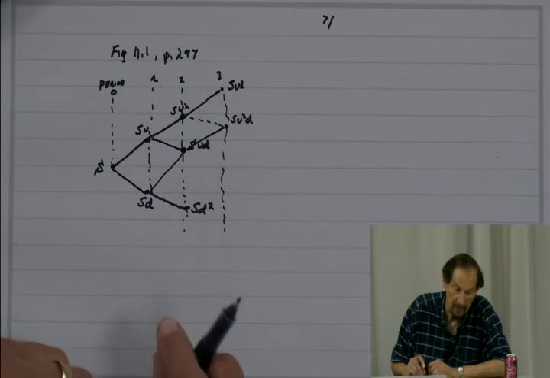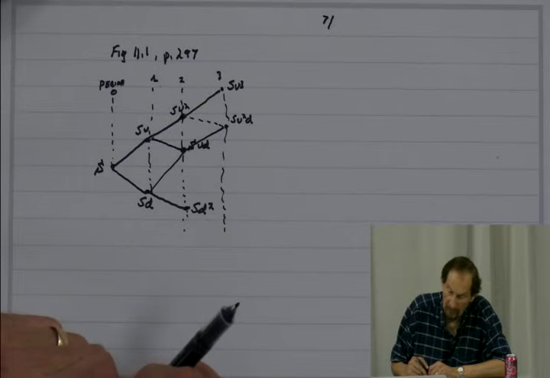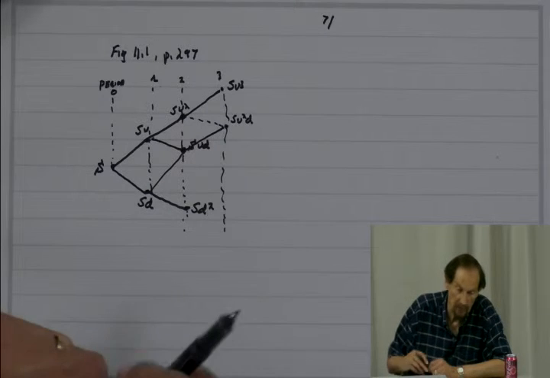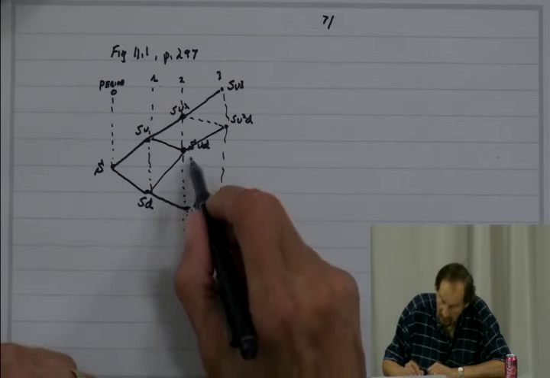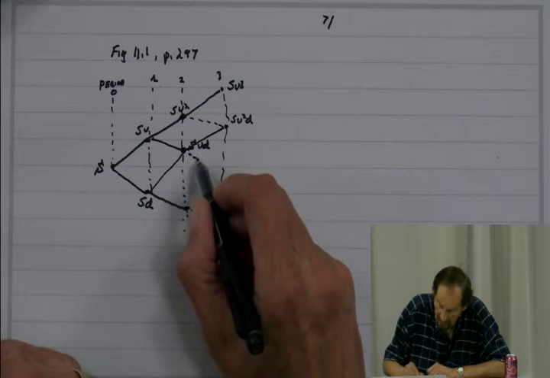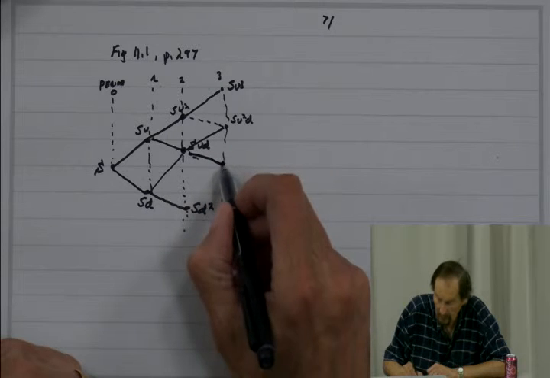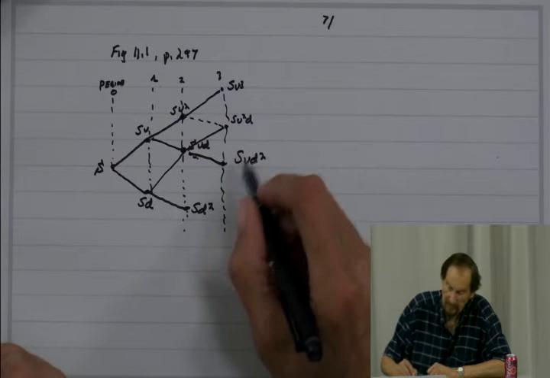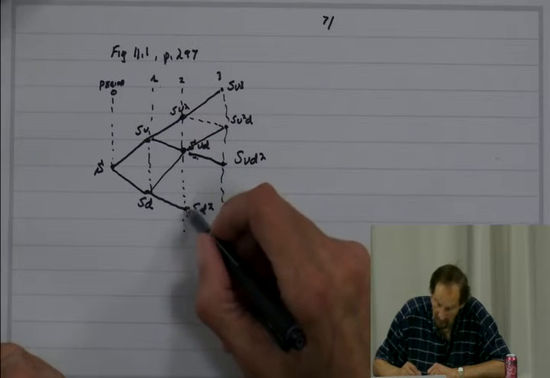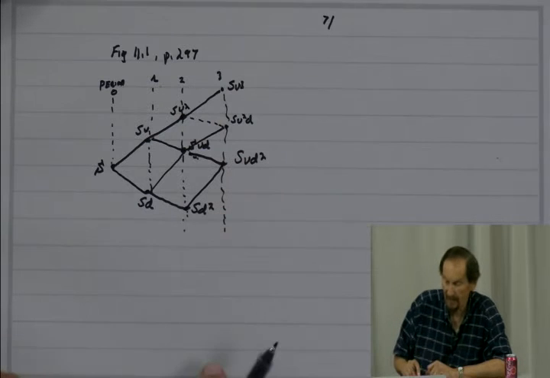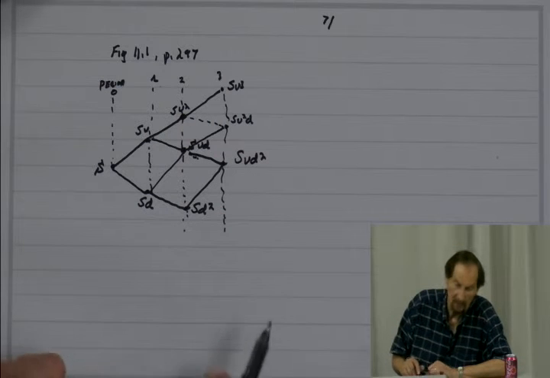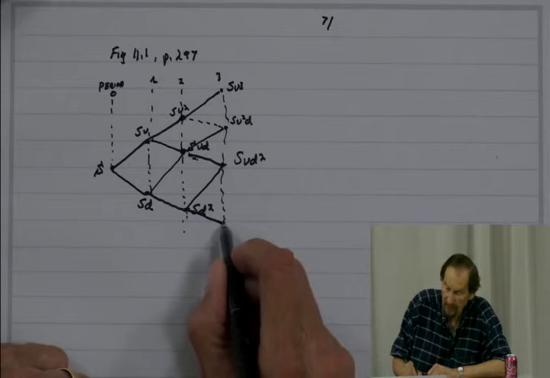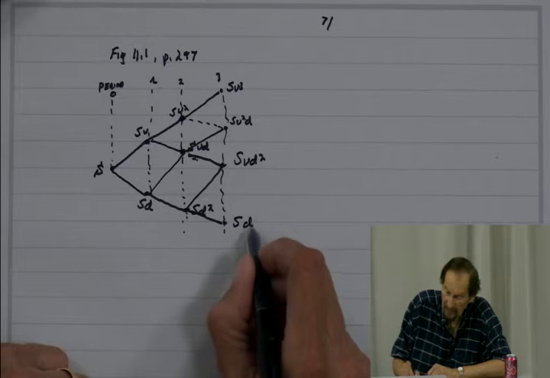Now, from SD squared, we can go down to SUD squared. We can also get at this from going up from SD squared. Finally, we can go down to SD cubed.